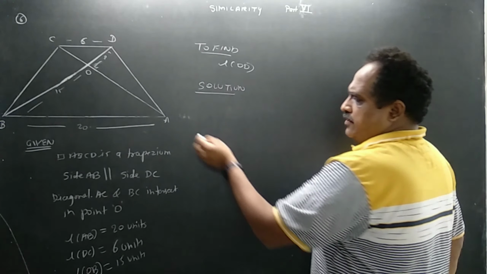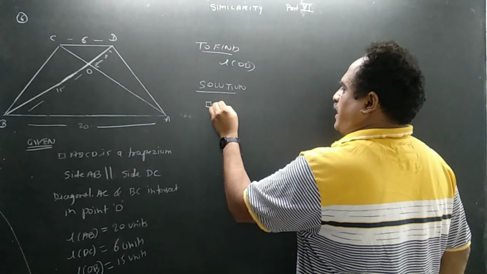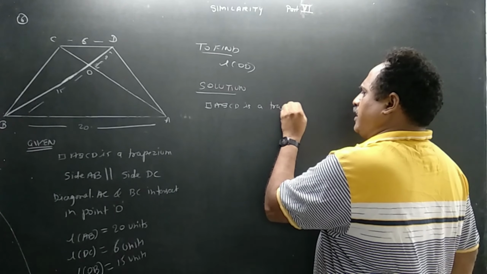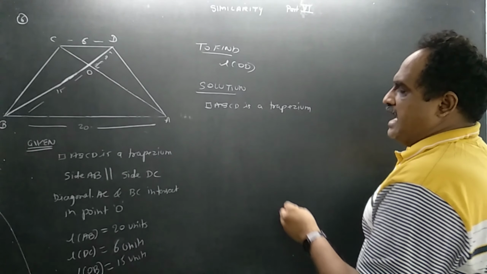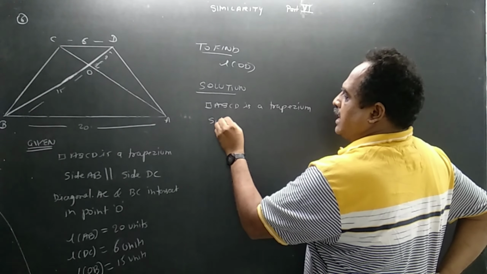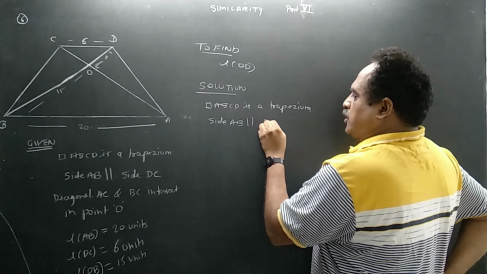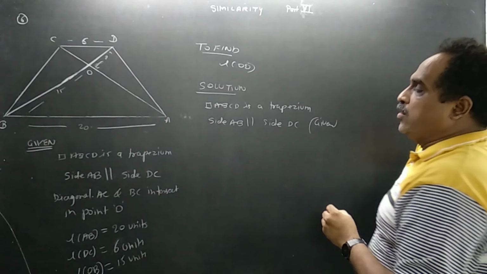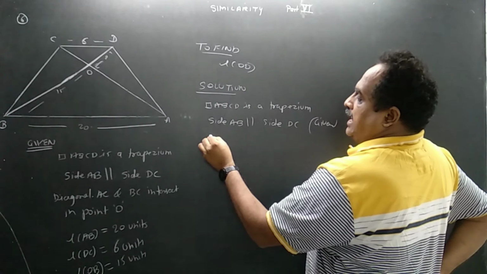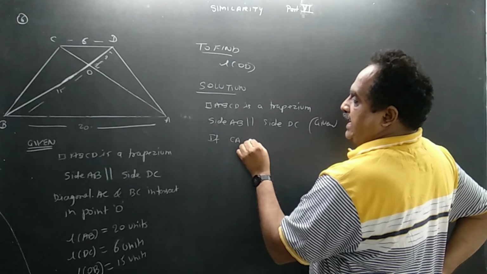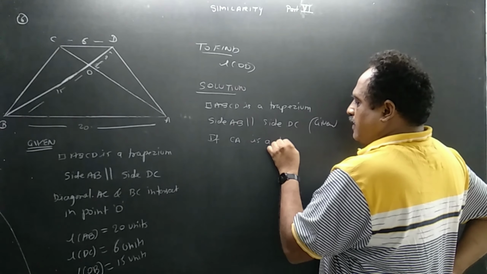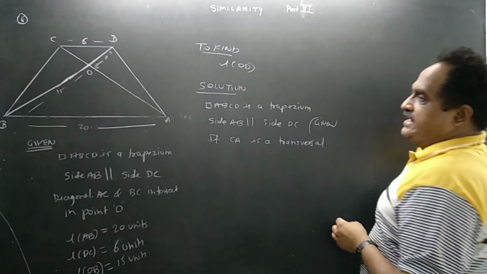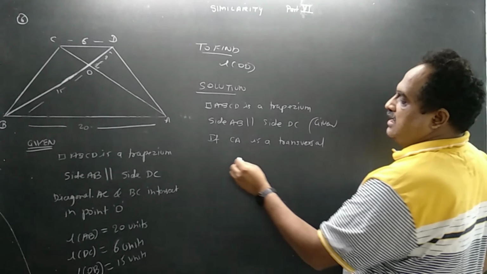Solution. We are going to write quadrilateral ABCD is a trapezium. Side AB is parallel to side DC. It is given. We are going to consider CA as a transversal.